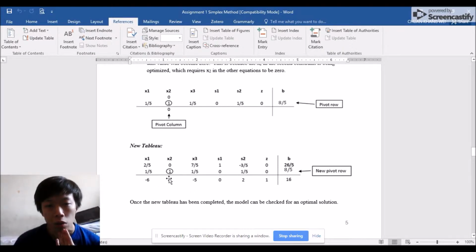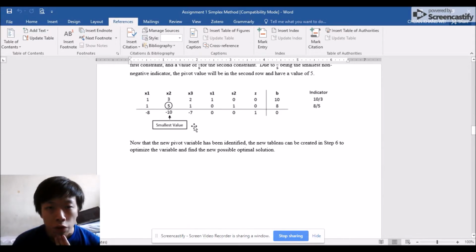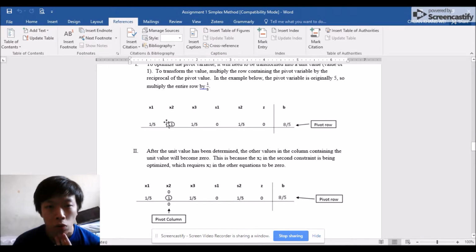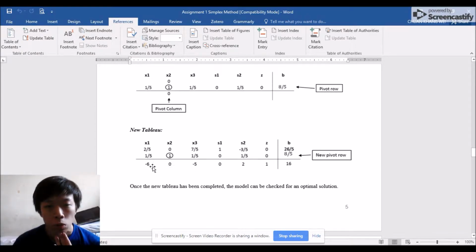The bottom row is also the same: previously it is negative 10, so we use the pivot row multiplied by 10 and then add it with the previous bottom row, so we will get the values of this table.